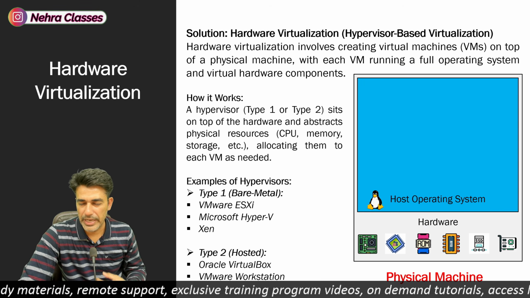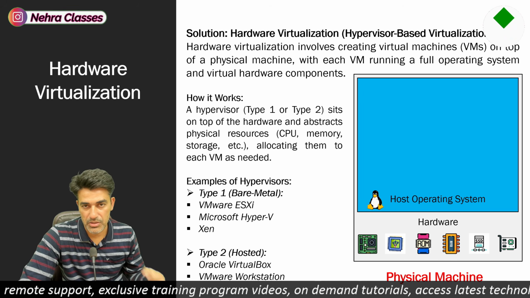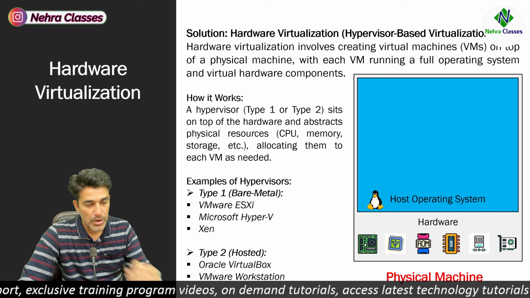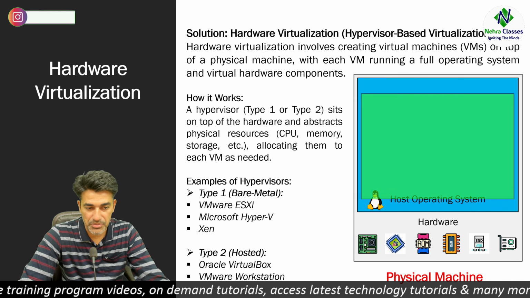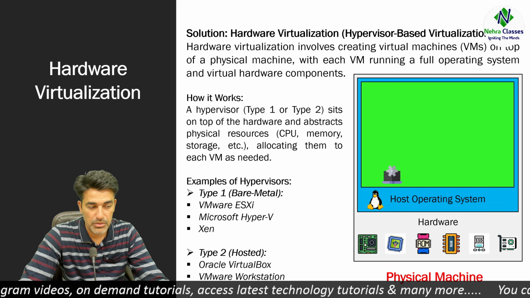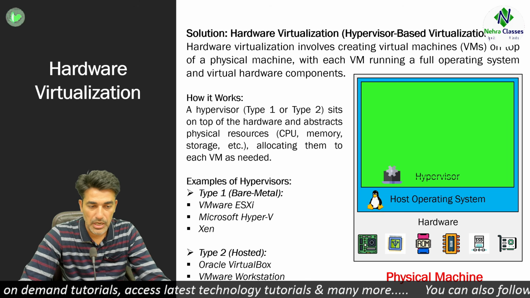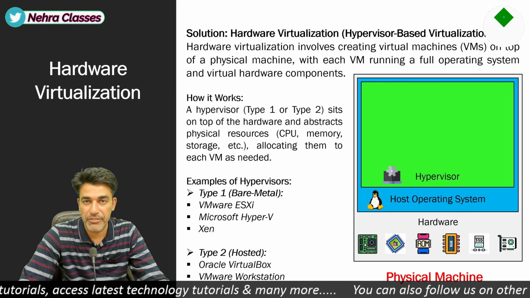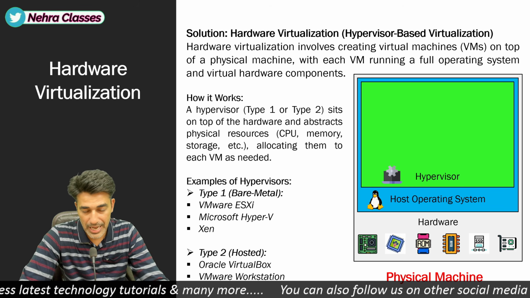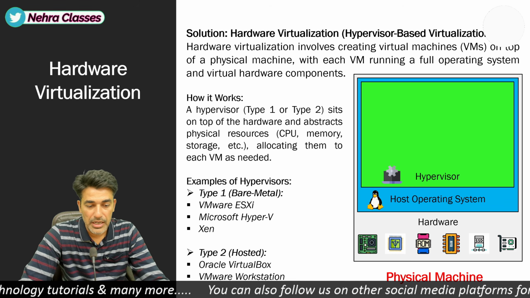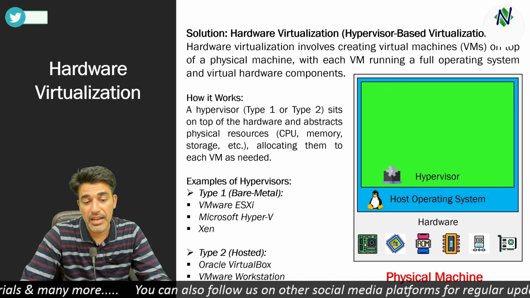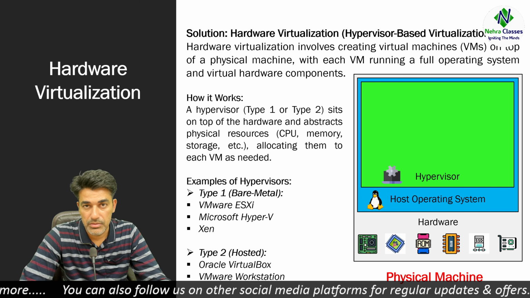It may be any operating system like Linux, Windows, Mac. On the host operating system, we install or use a tool called the hypervisor. What it actually does, it virtualizes the entire hardware resources.